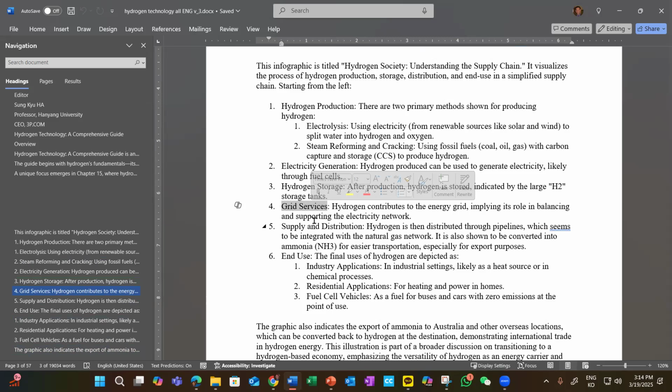There can be many different energy sources or many different ways of storage. So hydrogen can contribute to the energy grid, implying its role in balancing and supporting the electricity network. This is the very important concept, grid.